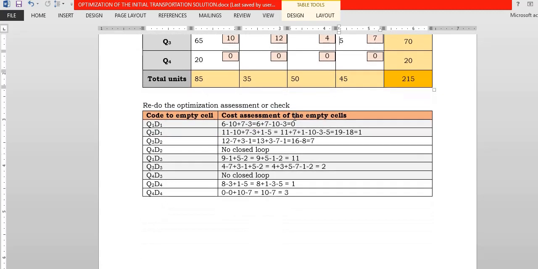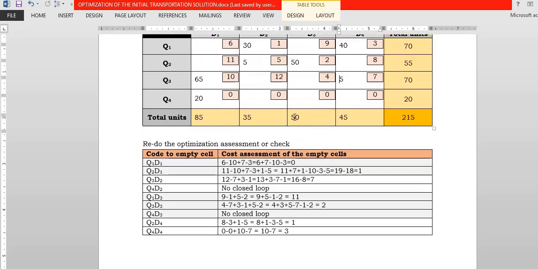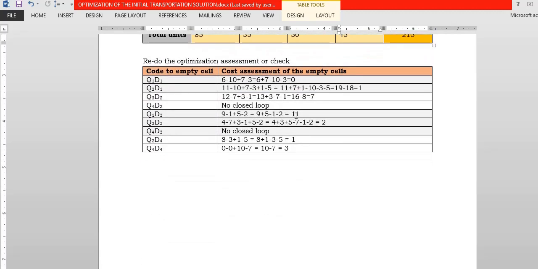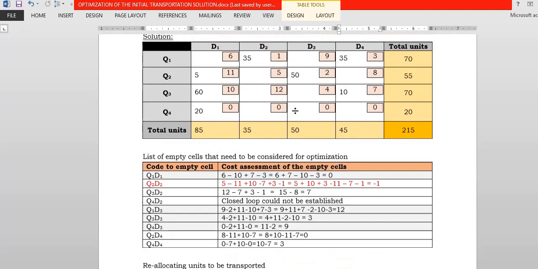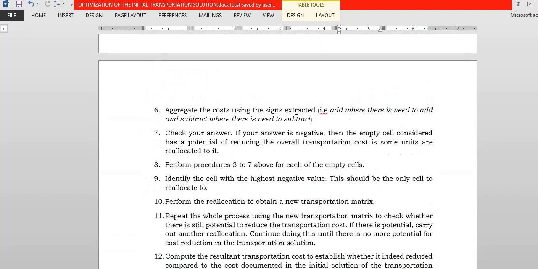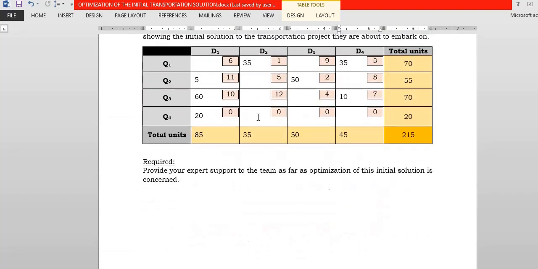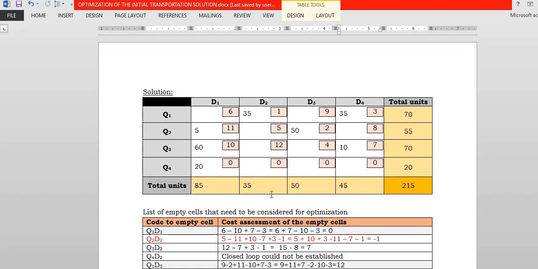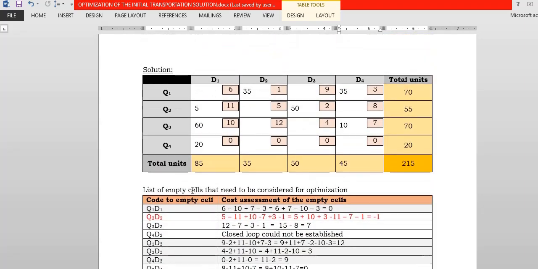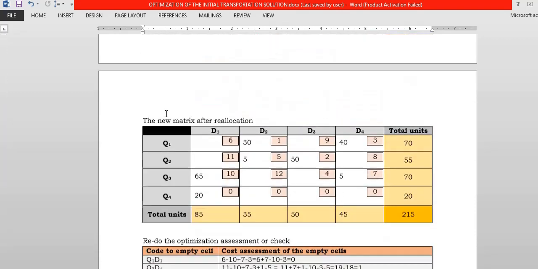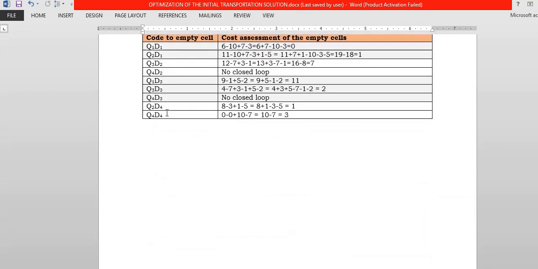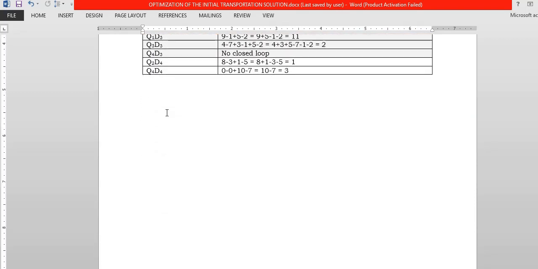So what we are going to do is compute the cost before we started. This was the original position. Let us compute the cost before we started this optimization process.